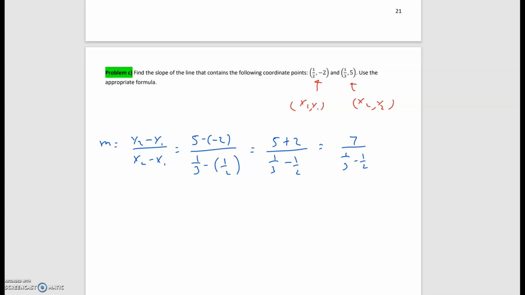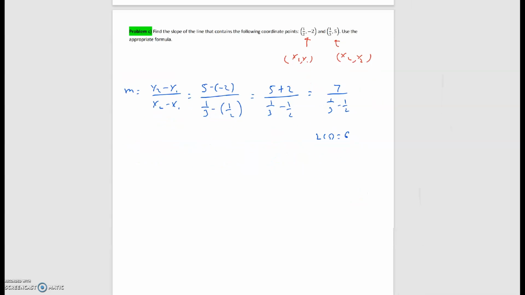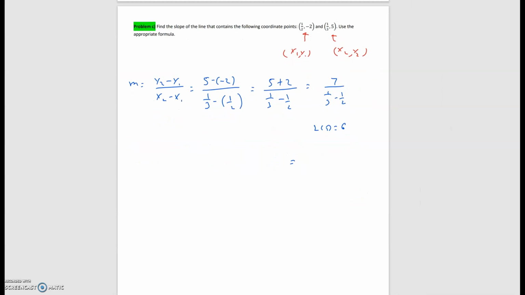And then what I'm going to do here to simplify this one is I'm going to find the LCD of all the fractions. And in this case, it's going to be 6. And then I'm going to multiply the top and bottom by the LCD.